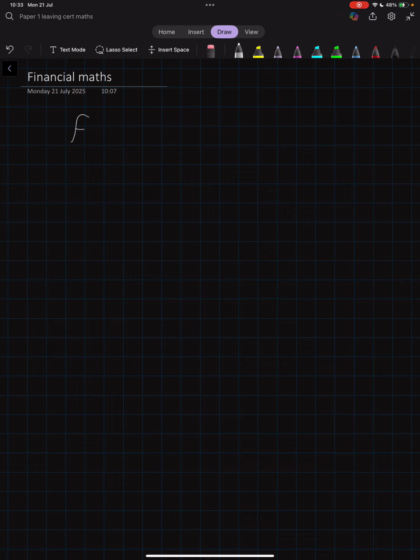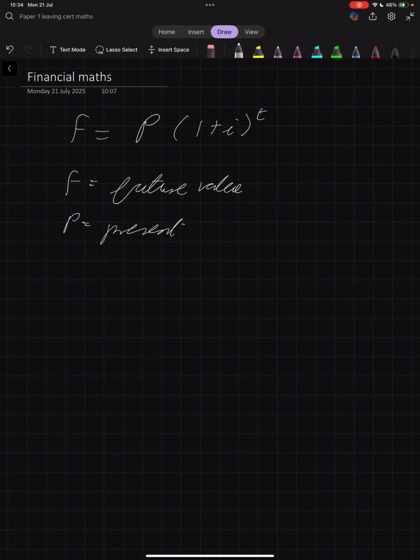It's F equals P into 1 plus I to the power of T. So F is basically the future value of an investment. P is just the present value. I is just your rate of interest.